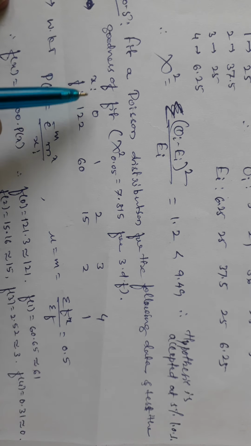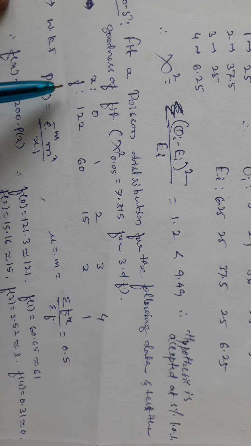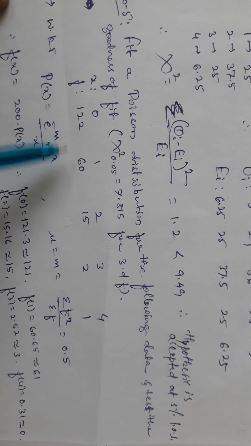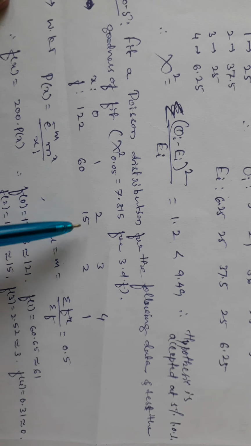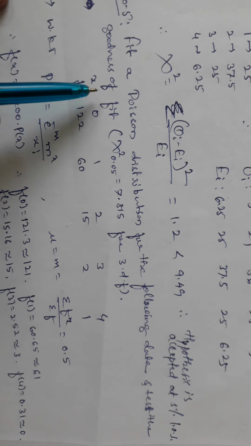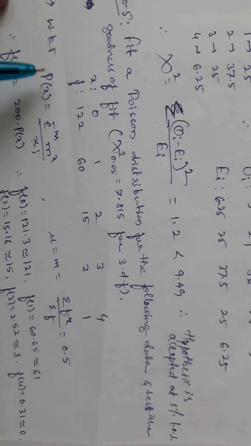Here the x values are 0, 1, 2, 3, 4, and the observed value, that is f, 122, 60, 15, 2, 1. And here we need to find the chi-square value using the Poisson distribution. Therefore, we know the Poisson distribution formula p of x equal to e to the power minus m into m to the power x divided by x factorial.